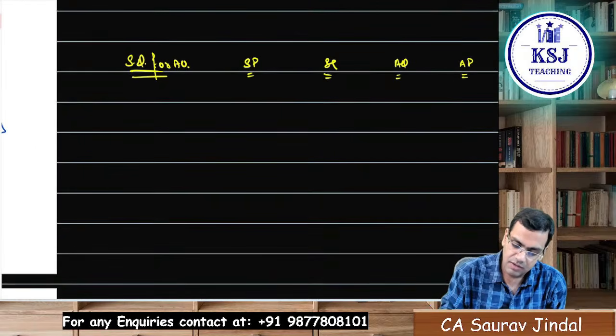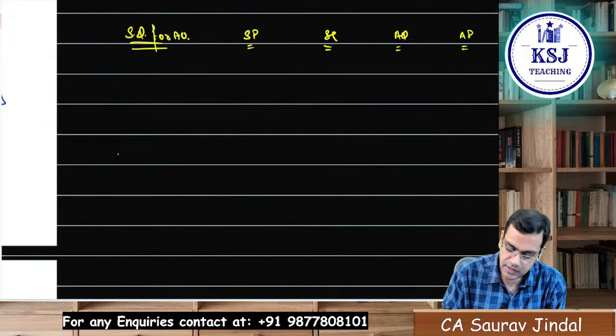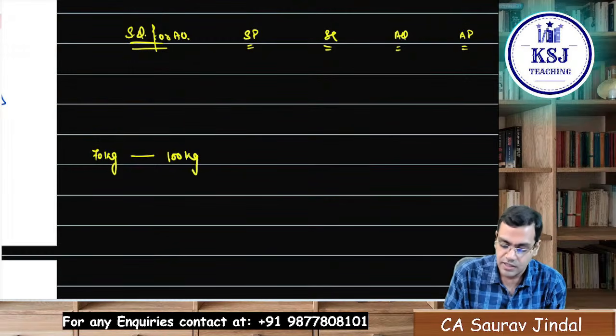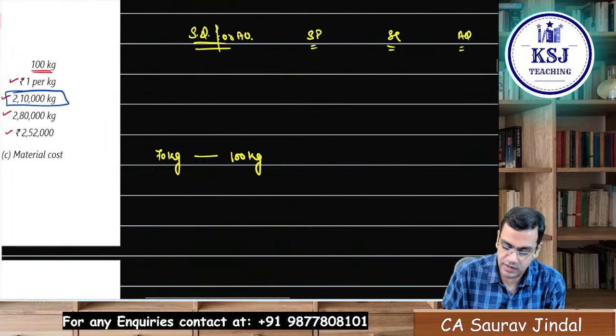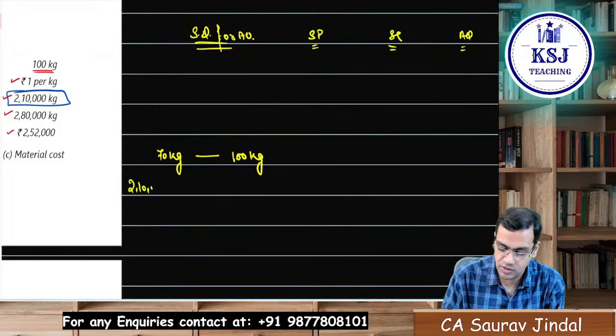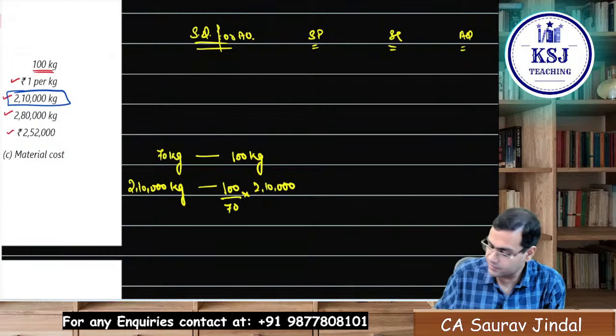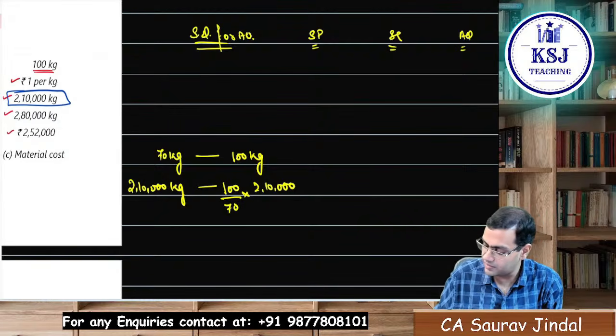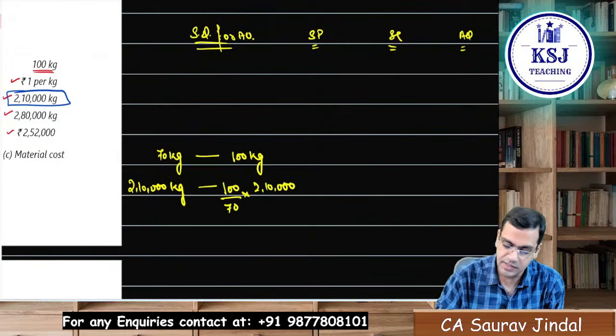He says for 70 kg of finished product, how much of the raw material is required? 100 kg. So if the actual finished product is 2,10,000 kg, what will be the standard material that will be required? That is 3 lakh.